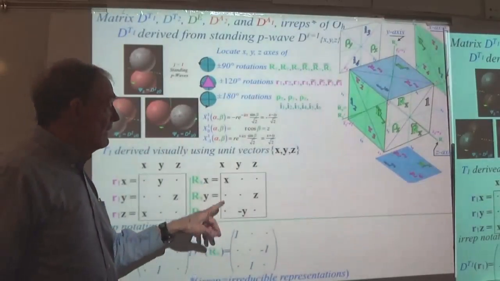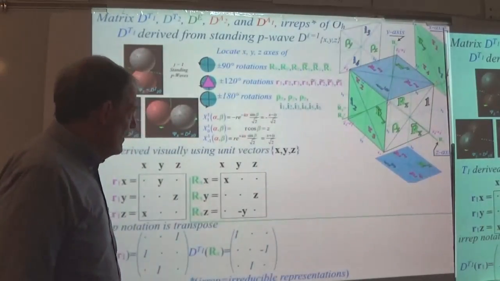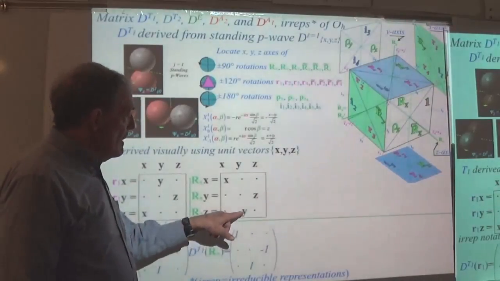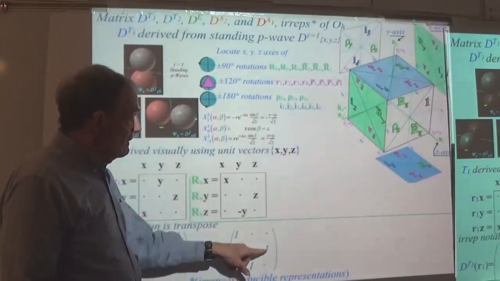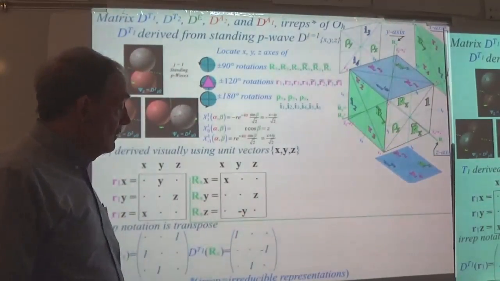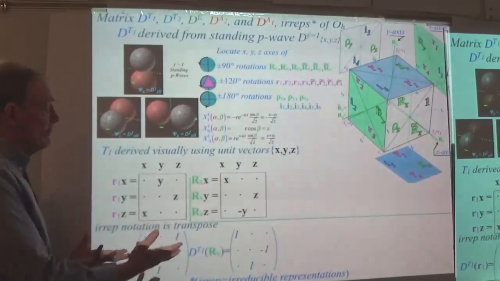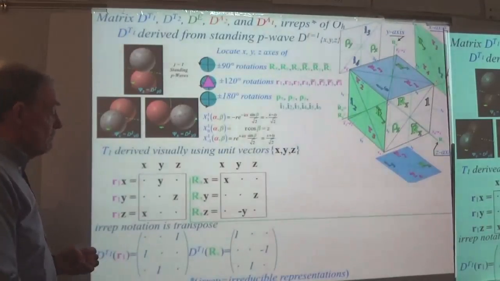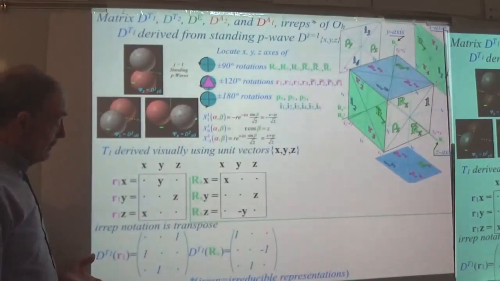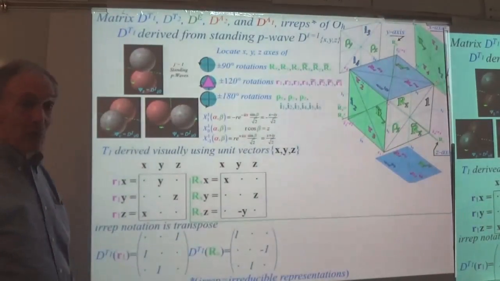Then you're ready, after you take a transpose, to move the minus sign, and that's all that happens there. That's your new matrix. So we've just derived two irreducible representations, 2 down, 22 to go, of the octahedral group.